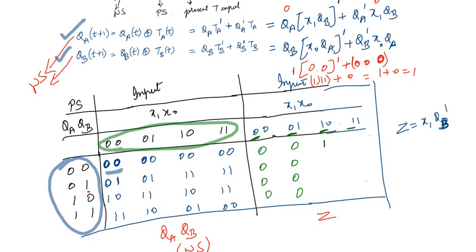Here, x1 is 1 and QB is 1, so QB dash is 0. So this is 0. Similarly here, x1 is 1. First one is x1, second one is x0. x1 is 1. What is QB? It is 0. So 0 dash is 1. It is 1. Similarly this is 0.